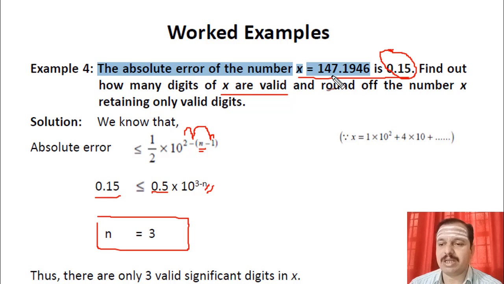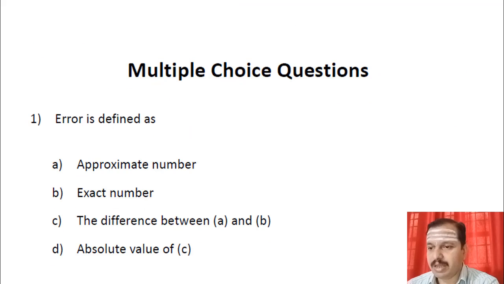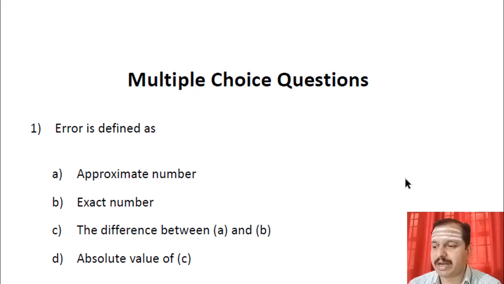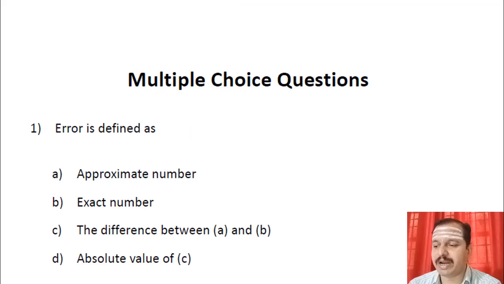So this is the solution, half of the solution we have completed. Now let us go for the next part. In the next part, we have to round off the given number in such a way that it retains only 3 valid significant digits.